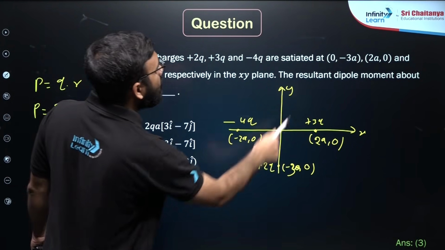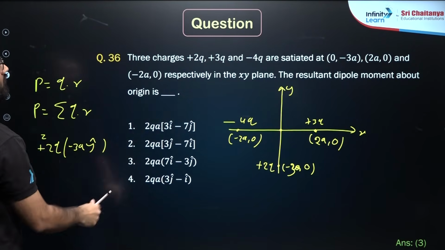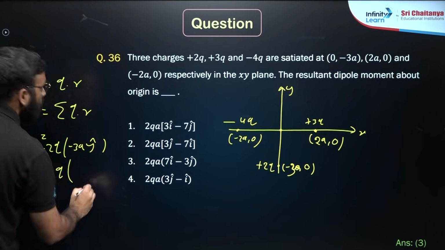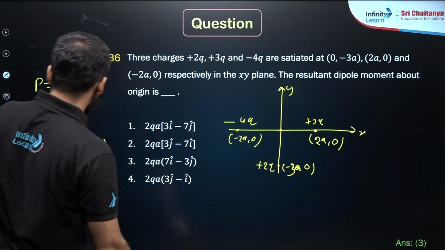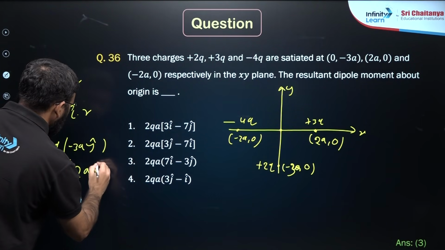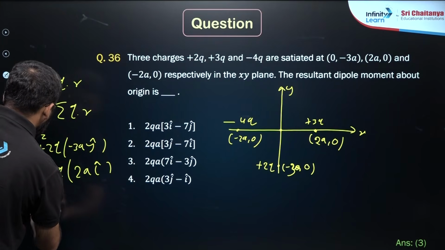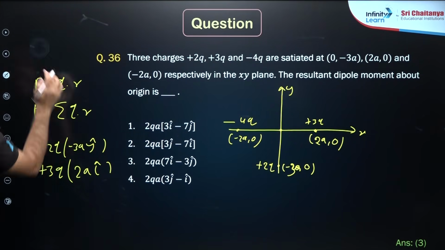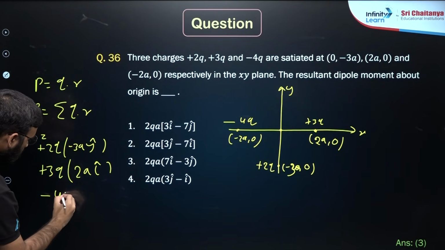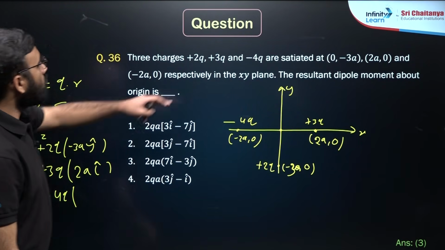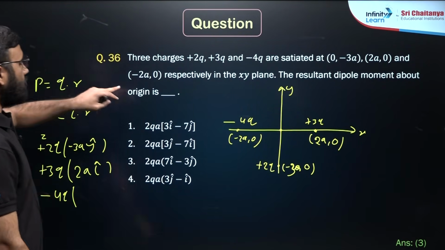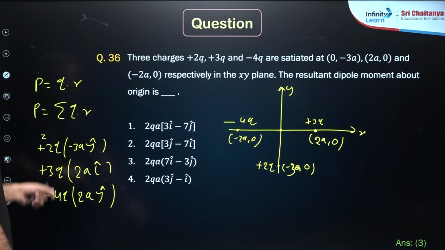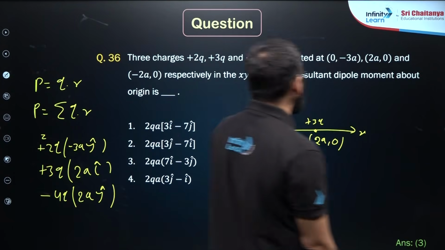The second charge is my plus 2a, which means on the x axis, that is 2a, and the charge is plus 3q into 2a. Minus 4q is put on the y axis, that is minus 2a, so 2a j cap. So you can solve this one, then you can get the right answer for this one.